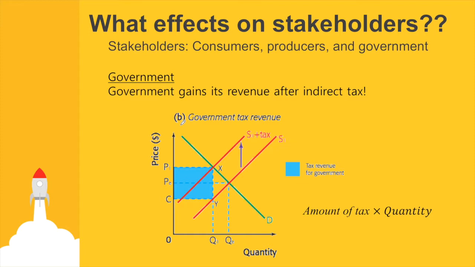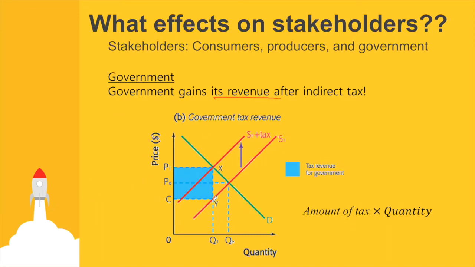So we're looking at government revenue. The government gains revenue after indirect tax, because consumers and producers pay indirect tax to the government, which means the government gains tax revenue. And in this diagram, we can identify the revenue box that the government will collect from indirect tax.